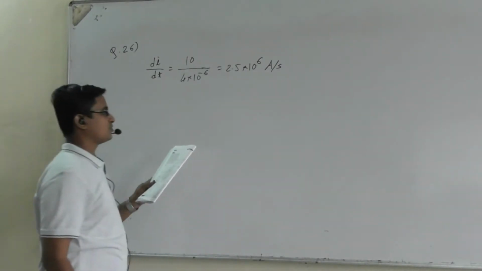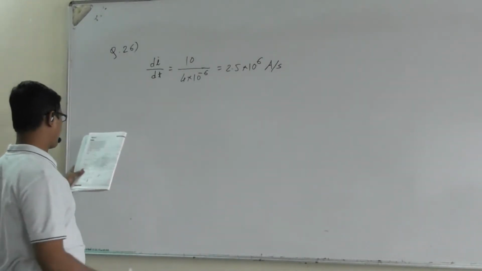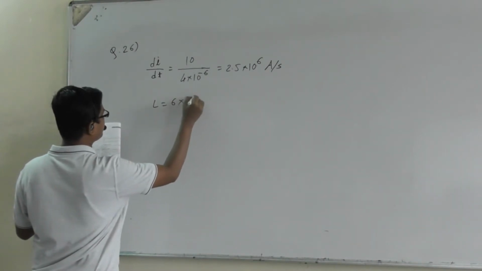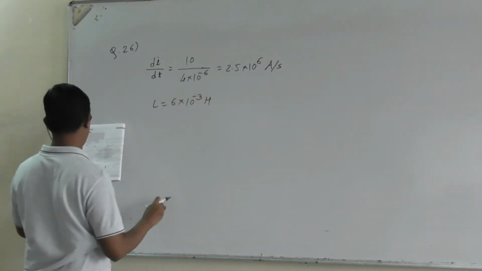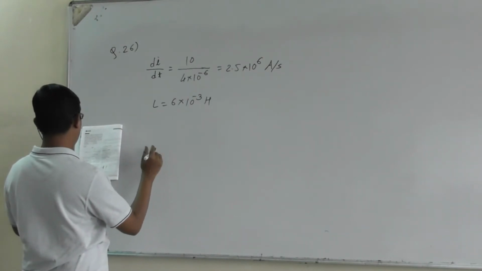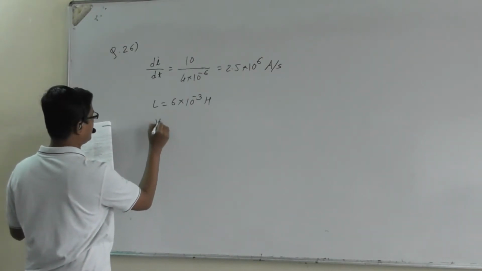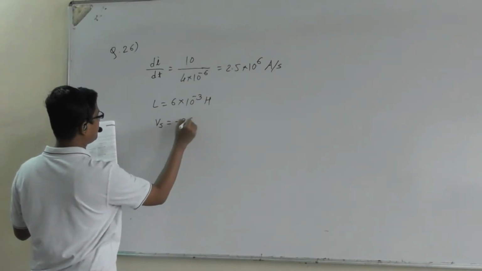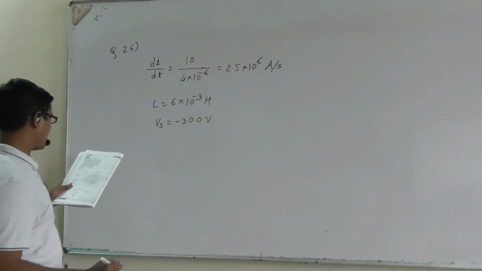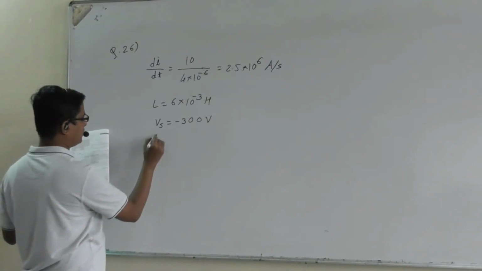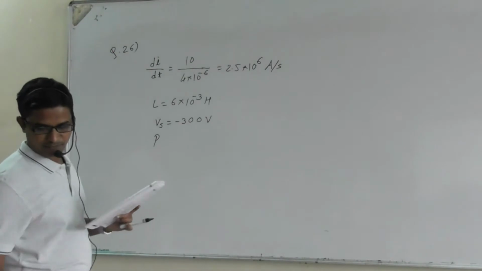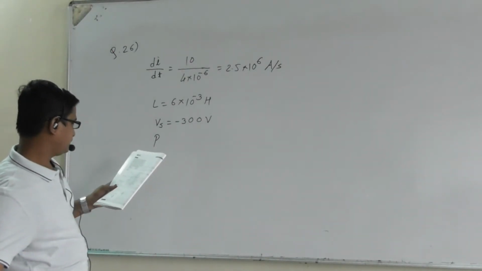Di by dt, so it is ampere per second. Next, L is equal to 6 millihenry. If the source voltage during turn off process is minus 300, Vs is equal to minus 300 volt, right? Peak voltage across thyristor, that is VT peak. Okay, VT peak we need to find.